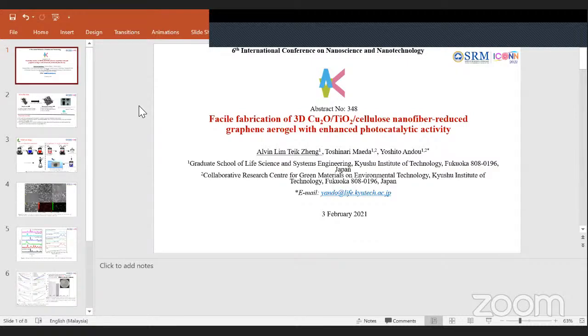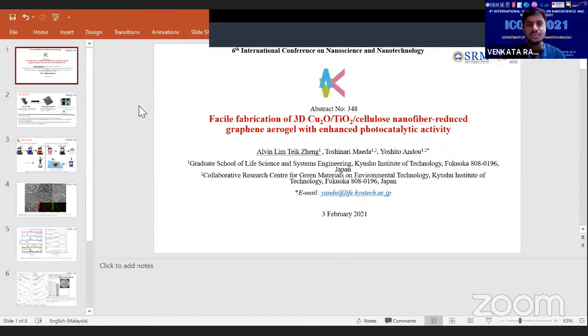In our case, we know that TiO2 absorbs within the UV range, while for the cuprous oxide, it's more towards the visible light range. So we believe that the inclusion of these two materials will somewhat reduce the band gap. Yeah, that's what I'm also interested to know.